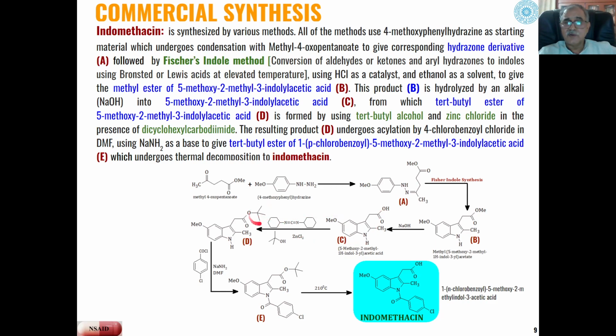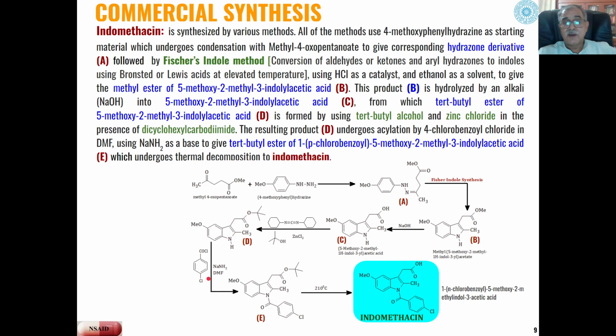This will give a tertiary butyl group substituted for the hydrogen. So this acts as a protecting group for the carboxylic function, so that the reaction cannot take place on this hydrogen. So this is functional group protection.